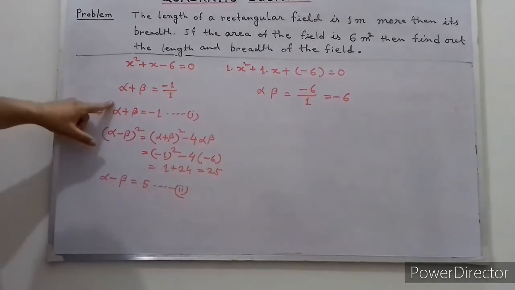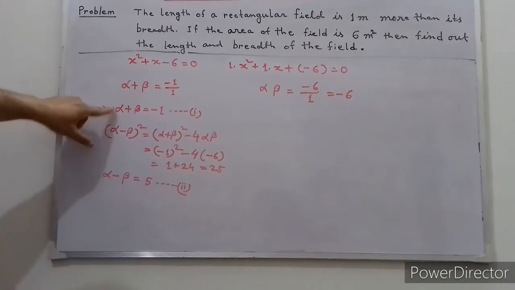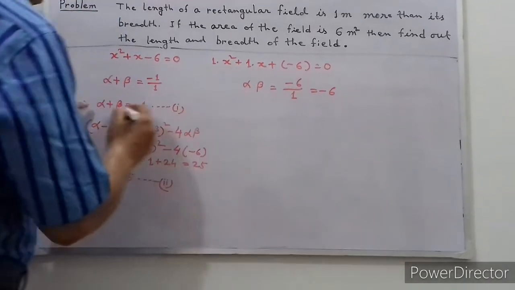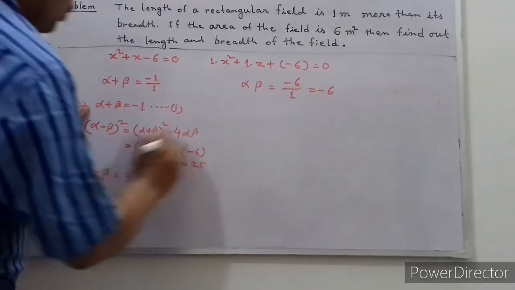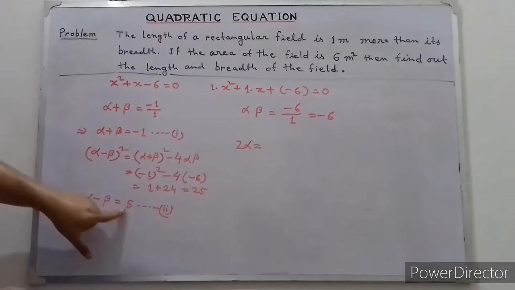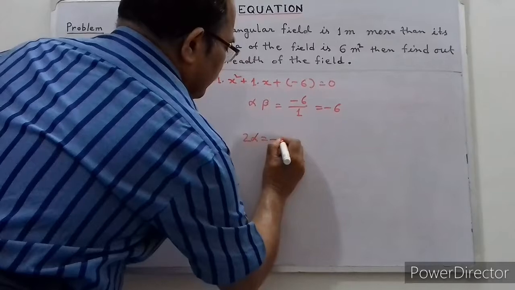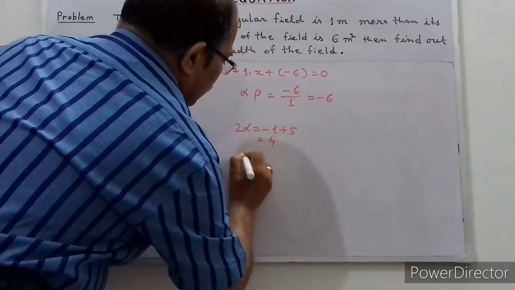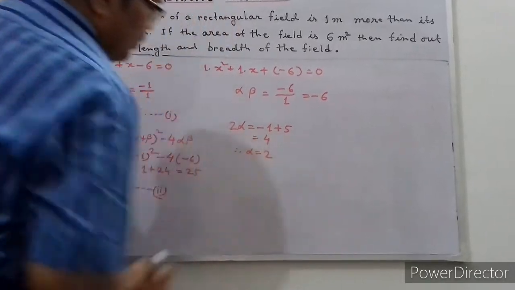If you solve equation 1 and equation 2 by the elimination method, if we add these two equations, we will get 2 alpha equals minus 1 plus 5, that equals 4. So alpha equals 2.